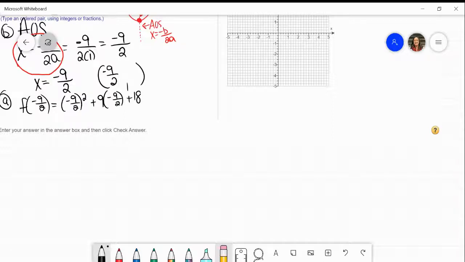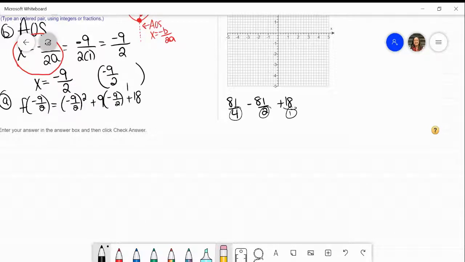So -9/2 squared is going to be 81/4. -9 times 9 is -81/2, and then plus 18. And what I know is I have to have a common denominator. And my common denominator between all of these is going to be 4.